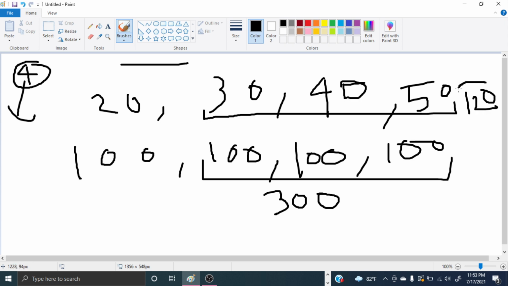So as you can see, 120 is definitely less than 300. So you definitely need to add some stages. Now when you add extra stages, you could take any values, but you need the minimum number, right?